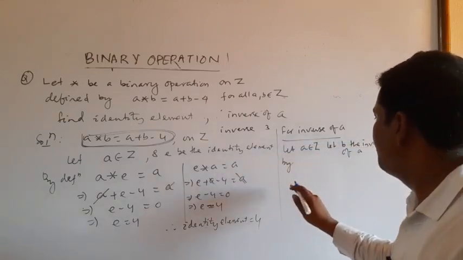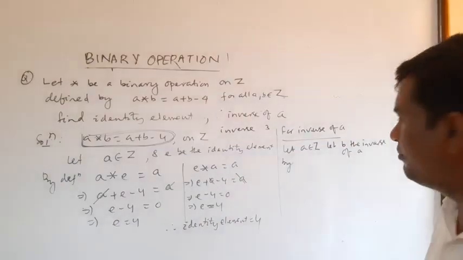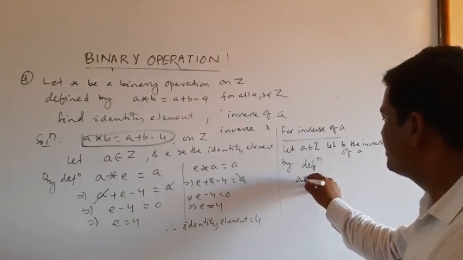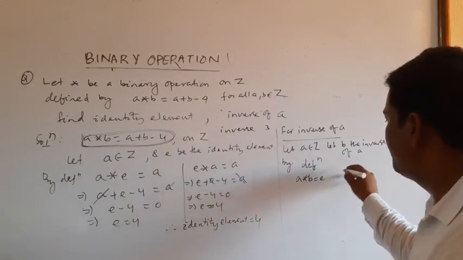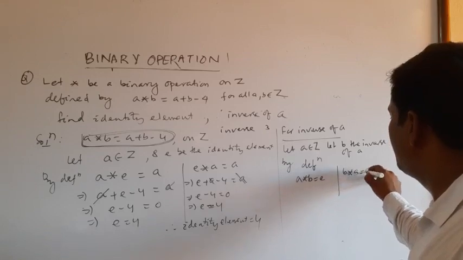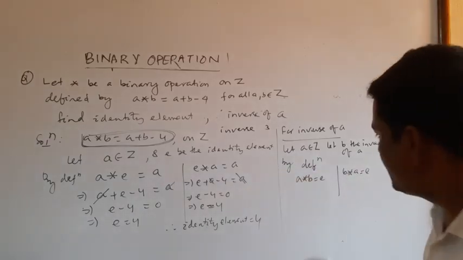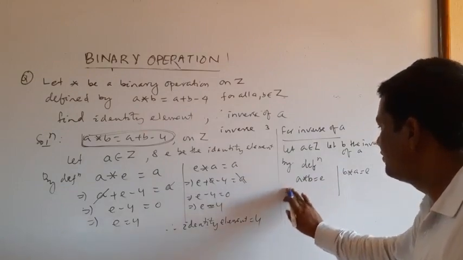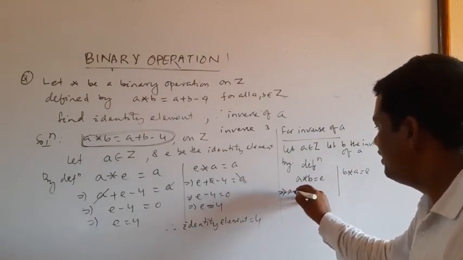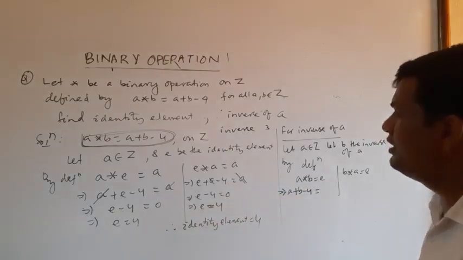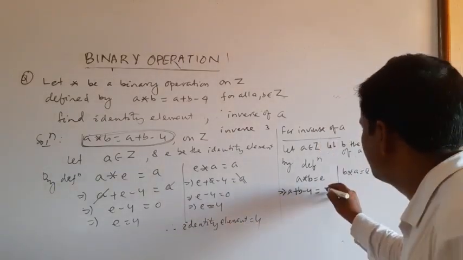Then a star b is equal to e or b star a is equal to e. a star b means a plus b minus 4 is equal to e, and e is equal to 4.